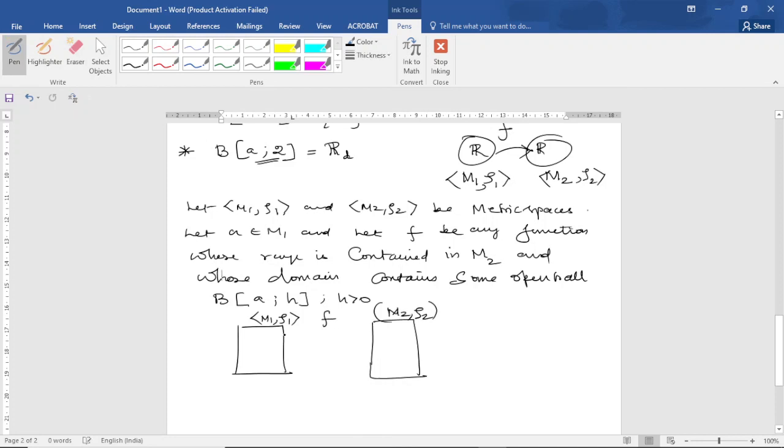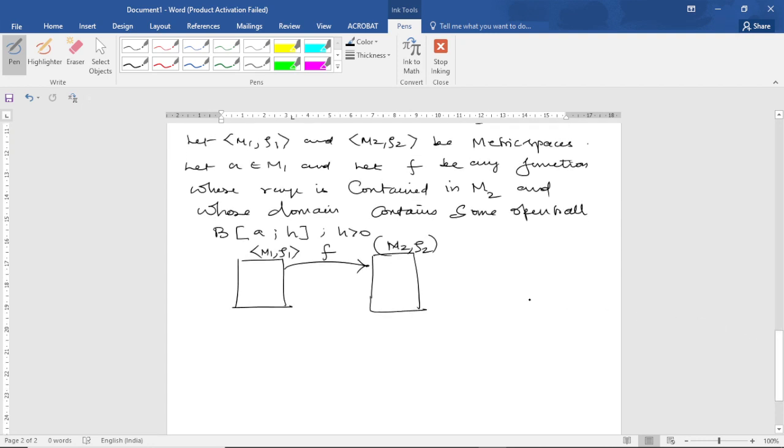Our f is a function from M1 to M2, the range of this function is inside M2, and there exists at least one open ball inside M1. These are all the assumptions.